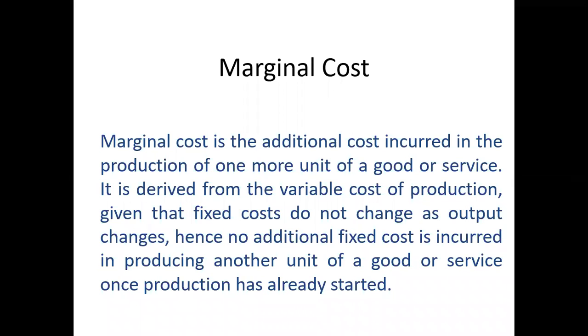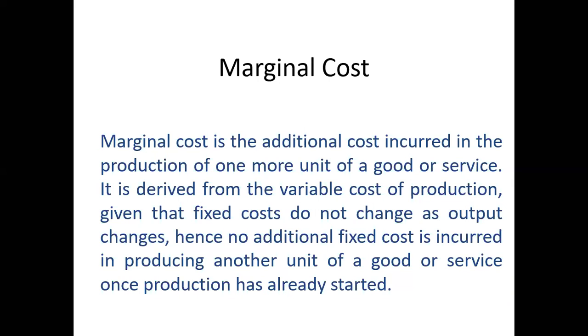These days we are all discussing various types of cost. We already discussed economic cost, accounting cost, opportunity cost, private cost, and social cost. I think you are clear about these various types of cost, correct? So today we will discuss marginal cost. This cost is also related to your production process.